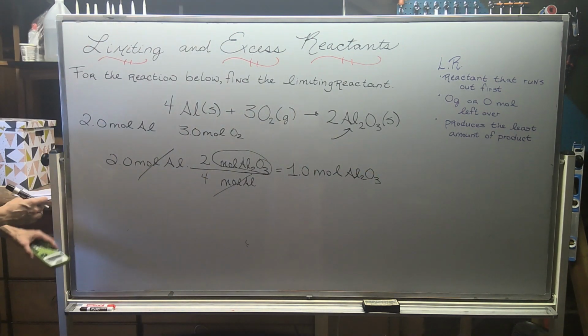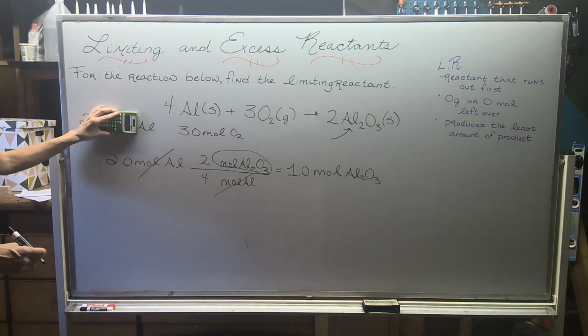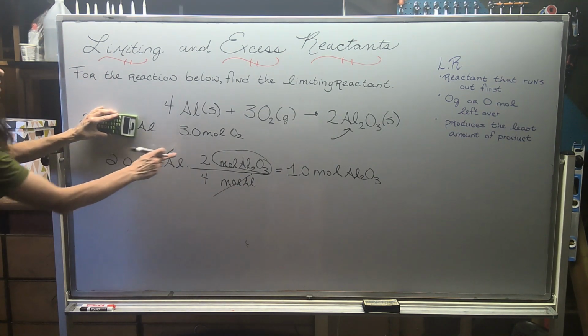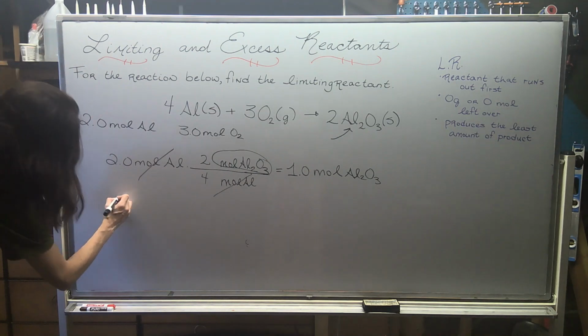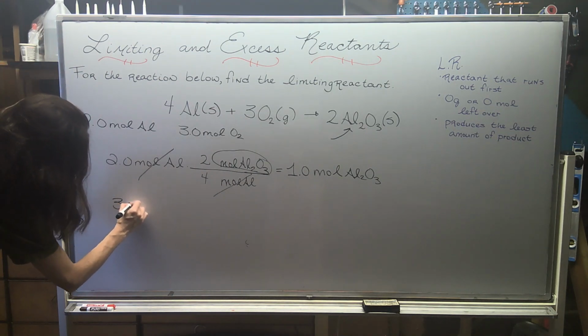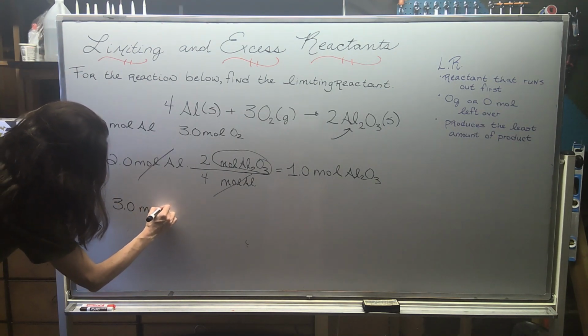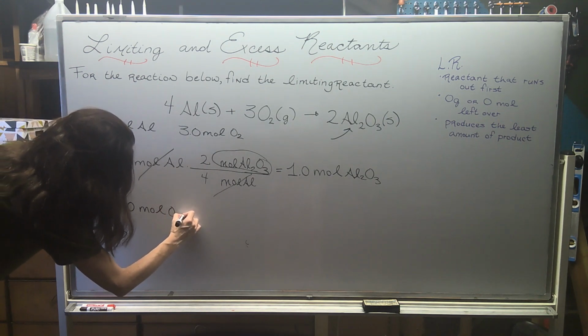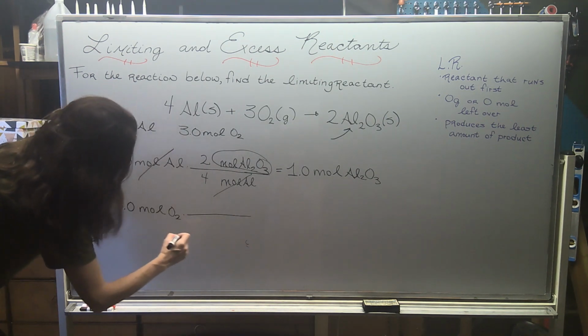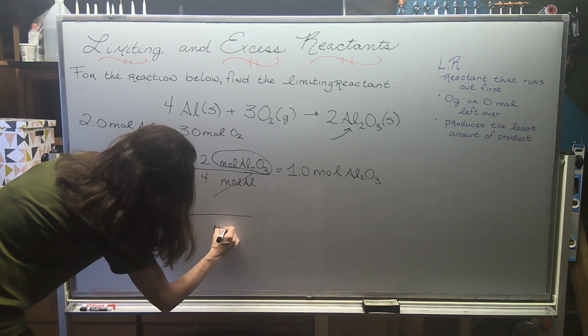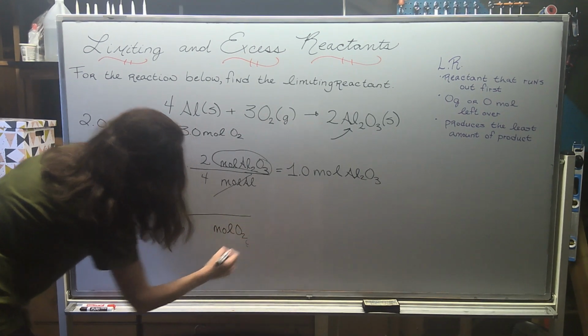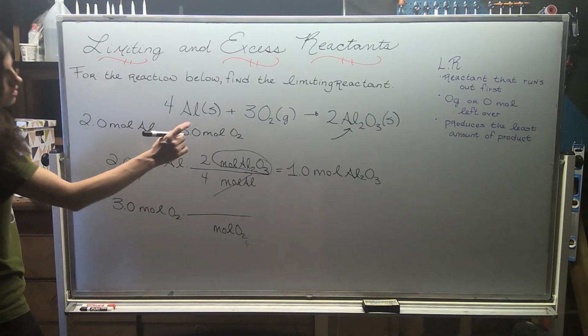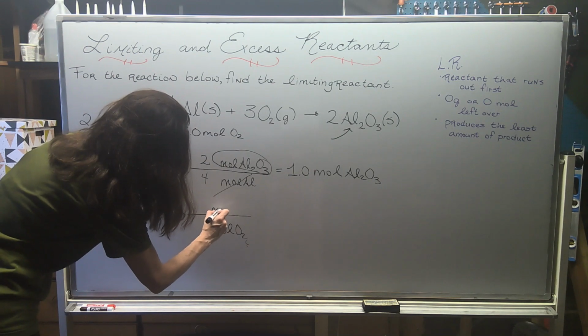Now we're going to do the same thing, except we're going to ignore the fact that we have 2 moles of aluminum, and focus on the fact that we have 3 moles of oxygen gas. Trying to get rid of the moles of oxygen gas and turn it into moles of aluminum oxide.